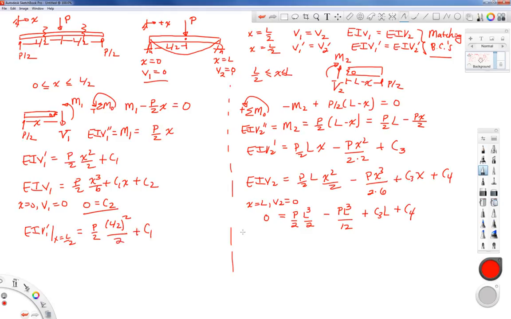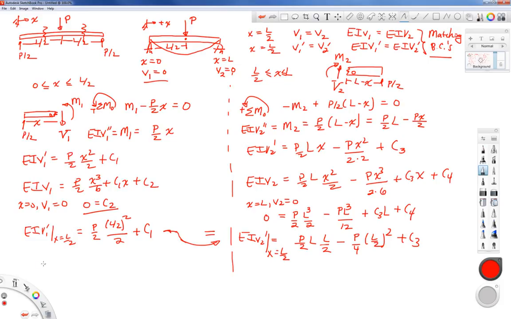And I'm going to set that equal to EIV2 prime evaluated at x equal to L over 2, which is P over 2 L times L over 2 minus P over 4 L over 2 squared plus C3. Those two are going to be equal to each other.